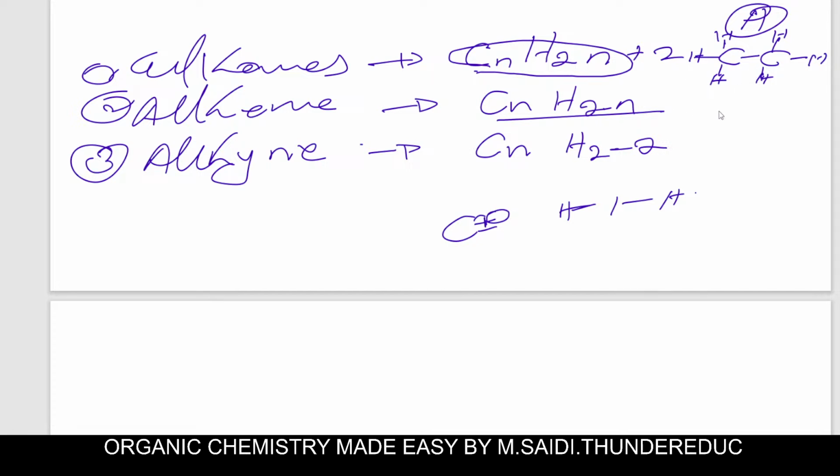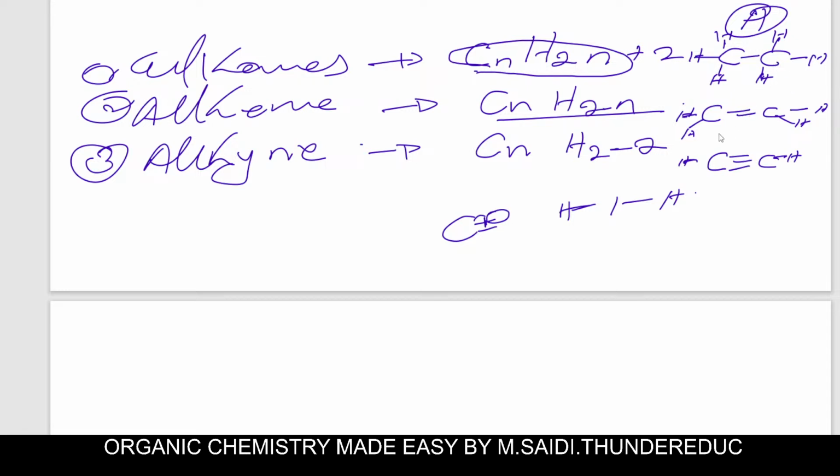Then when you come to alkene, it's going to be like that. So this is 1, 2, 3, 4. So it's short of 2. Then when we go to alkynes, it's going to be like this. So this one is short of 4 compared to this.